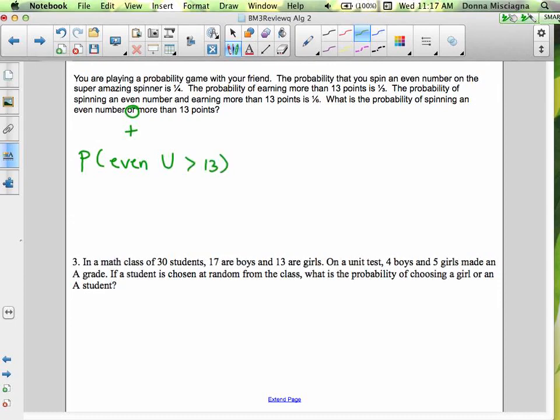So to find that, we're going to take the probability of even plus the probability of more than 13. We'll add those together, but we have to subtract anything that's in both groups. So we're going to subtract the probability of even and more than 13.